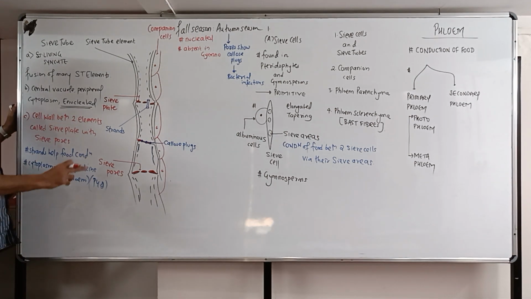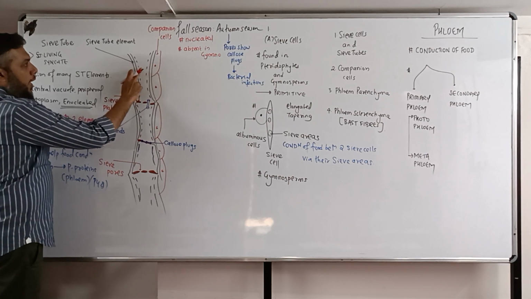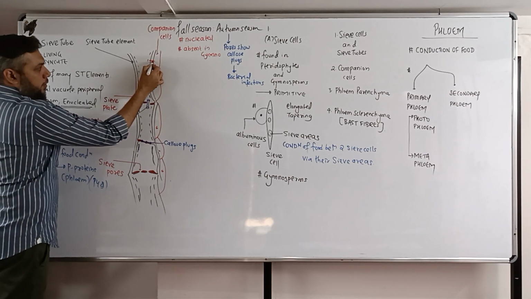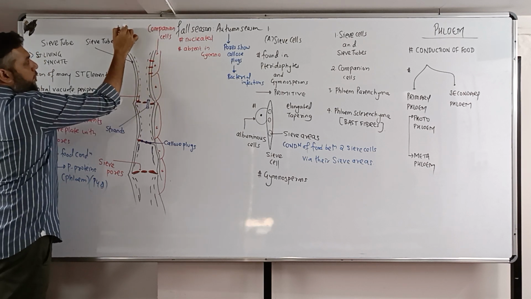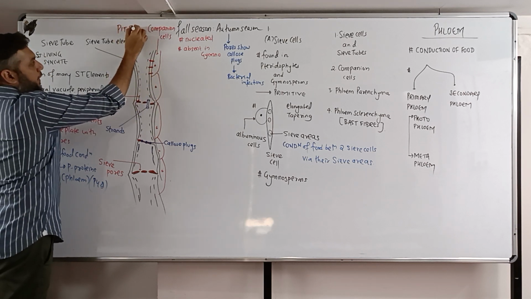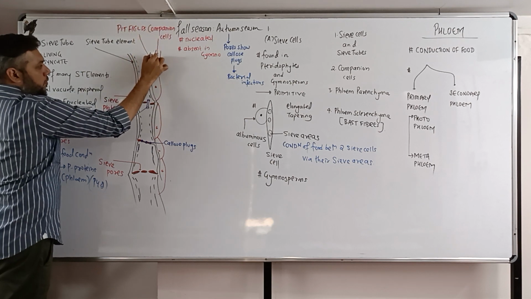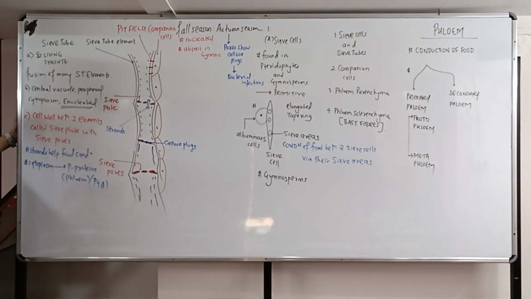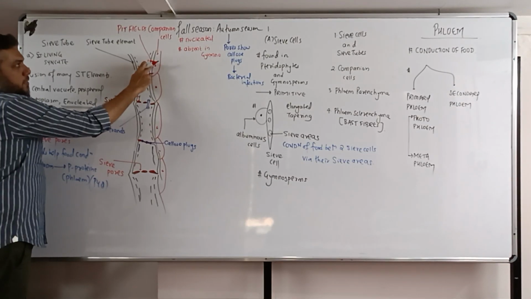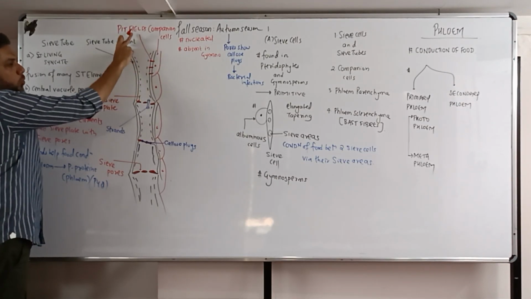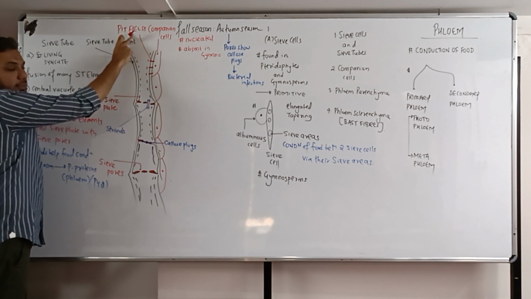And between the companion cells and the sieve tube elements, we see the presence of a lot of pit fields. You remember pit fields? So there will be a lot of connections between the companion cells and the sieve tube elements via the pit fields.